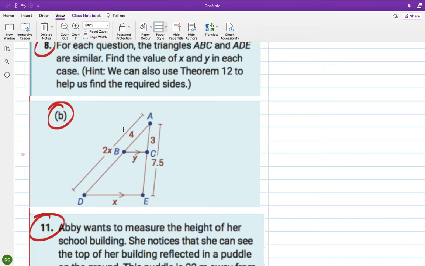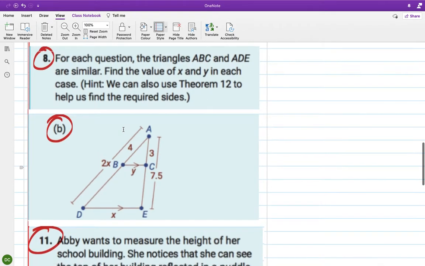Okay, so for each question the triangles ABC and ADE are similar. Find the value of x and y in each case. Hint, use theorem 12 to help us get the required sides. Okay, so that's the similar triangle.